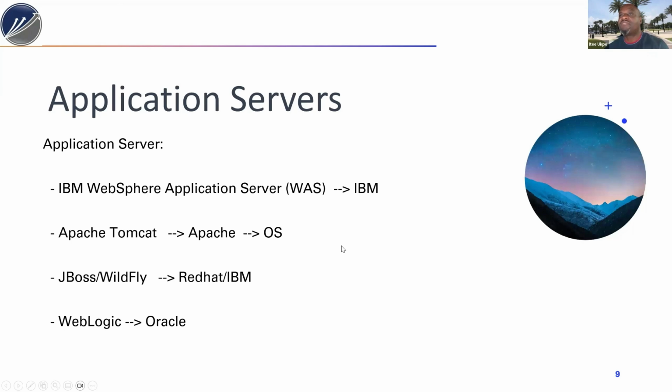So these are examples of web application servers. We have IBM WebSphere Application Server, which is from IBM. Then you have Tomcat, which is from Apache. Then you have JBoss or WildFly, which is from Red Hat. And you have WebLogic, which is from Oracle. Apache is the one that we're studying right now, which is Tomcat.